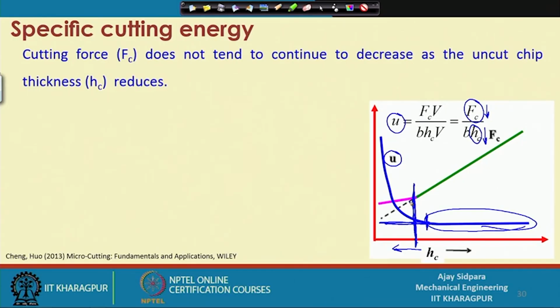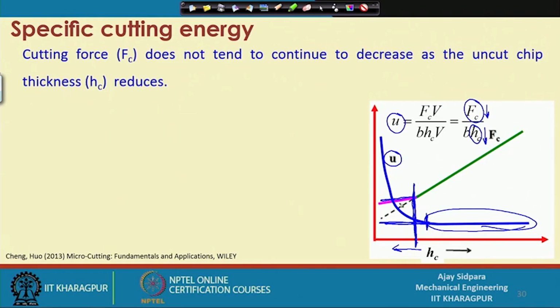Now you can see that your force Fc is on the higher side. Basically, it should be on the lower side to balance this equation, but that is not happening in micro cutting. So, that is the problem.